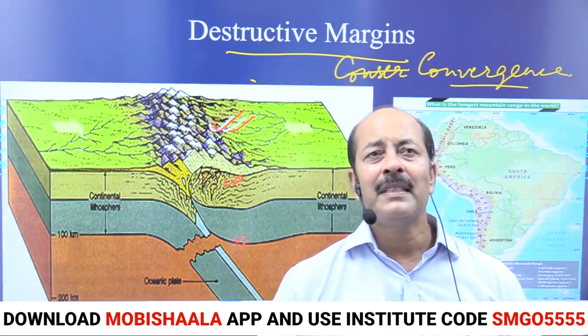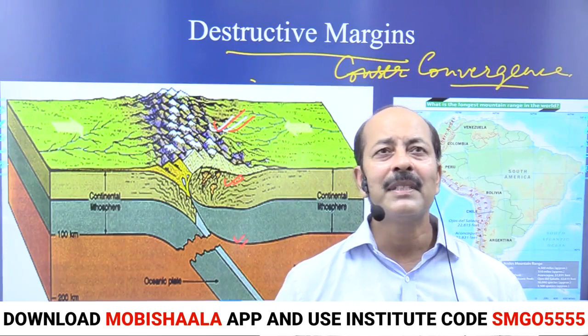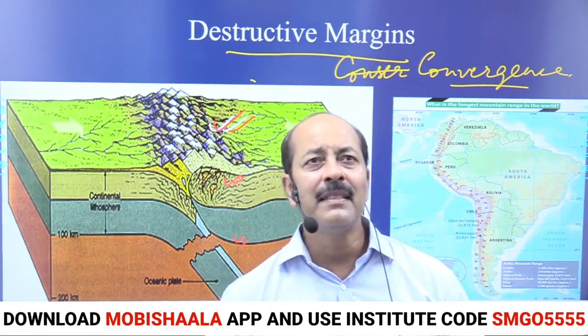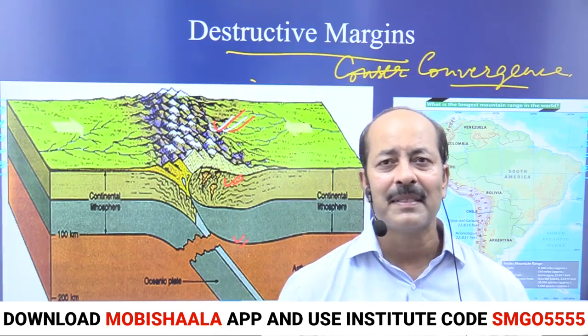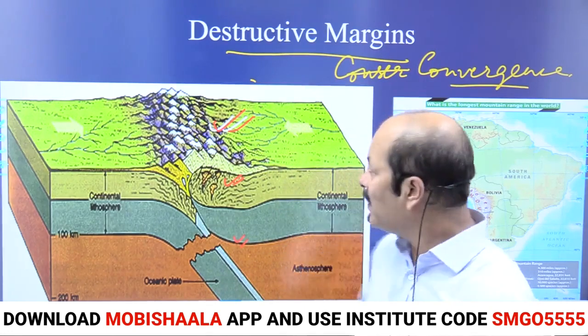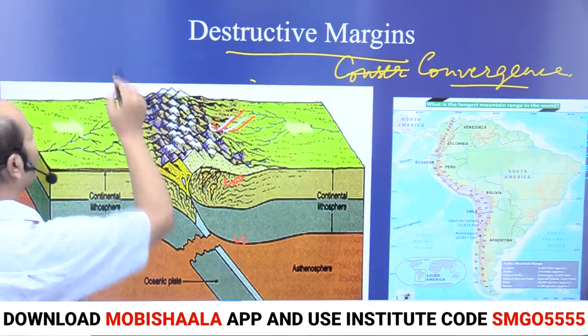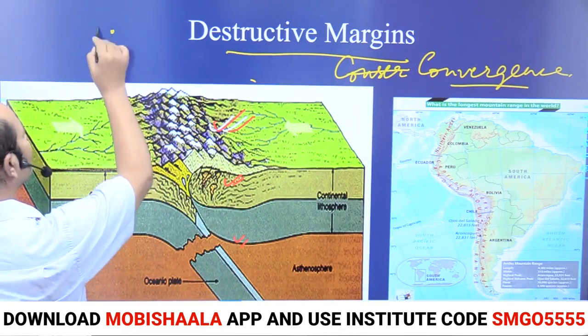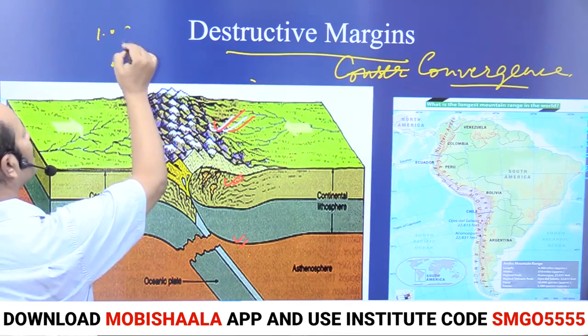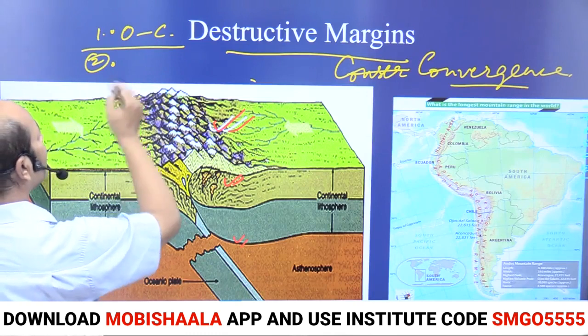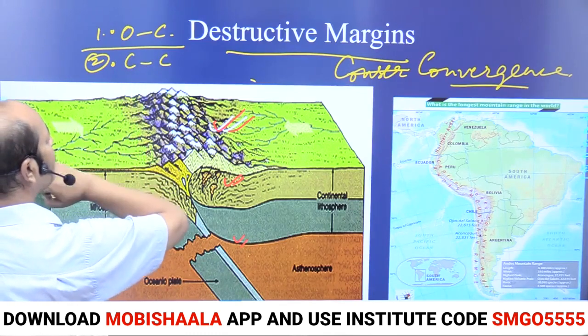So there can be three conditions of convergence boundaries. You write all three conditions first of all, then go for the detailed one. The first condition, you write ocean-continent convergence. The second, continent-continent convergence.